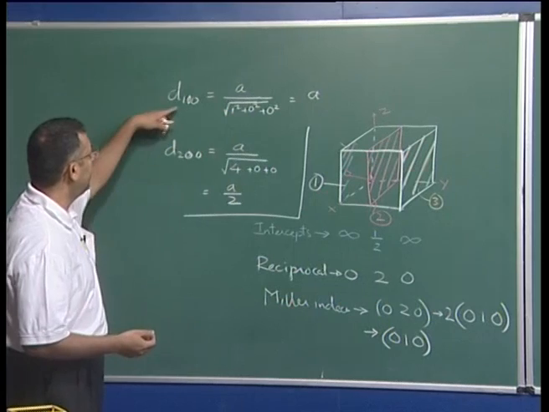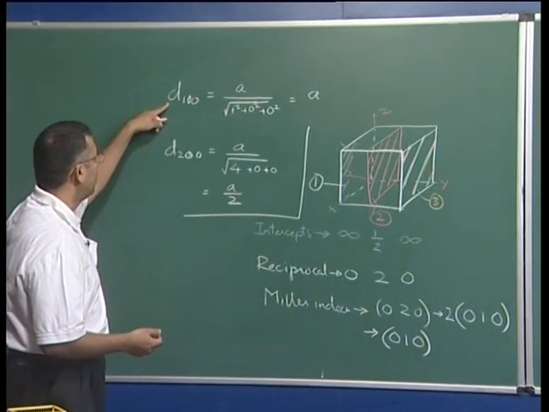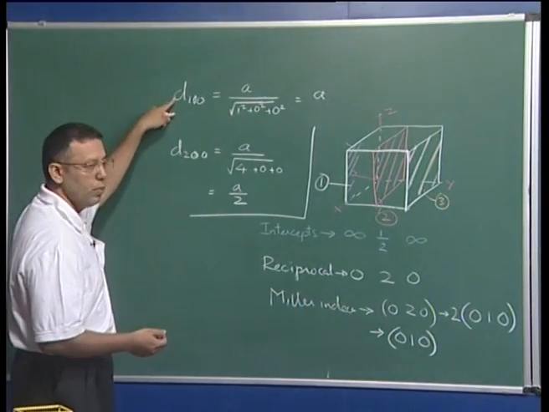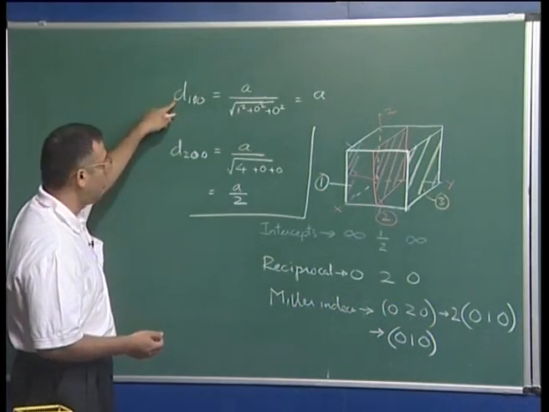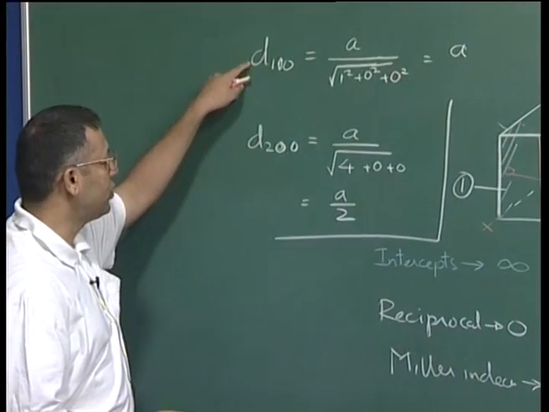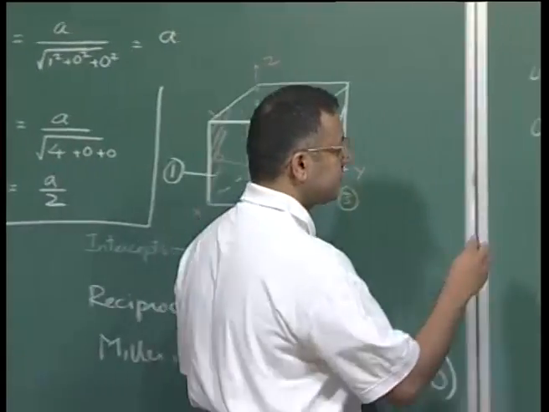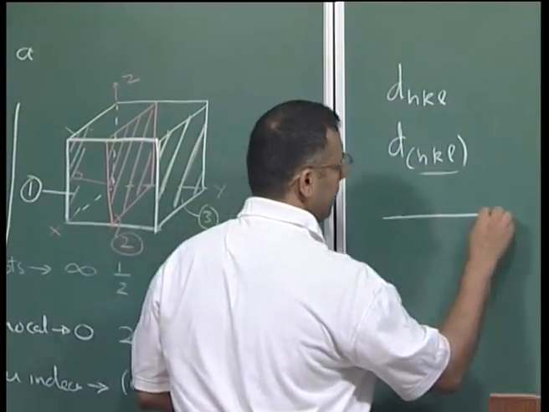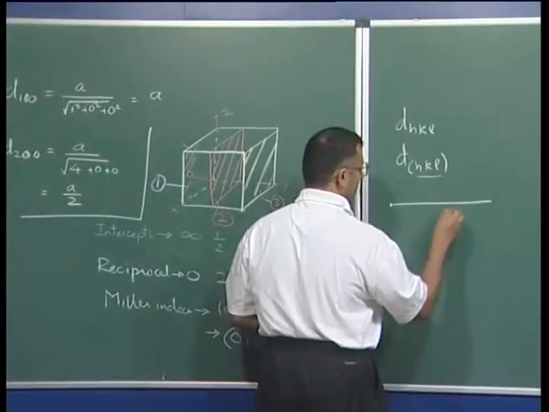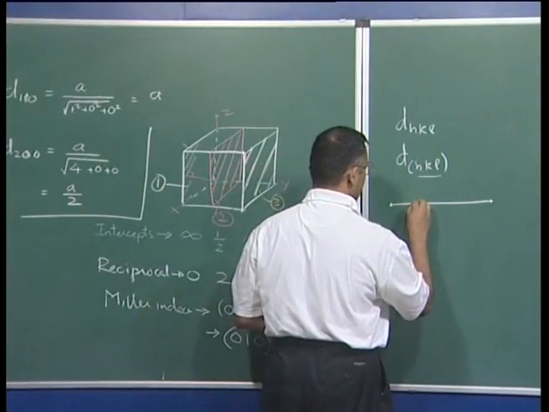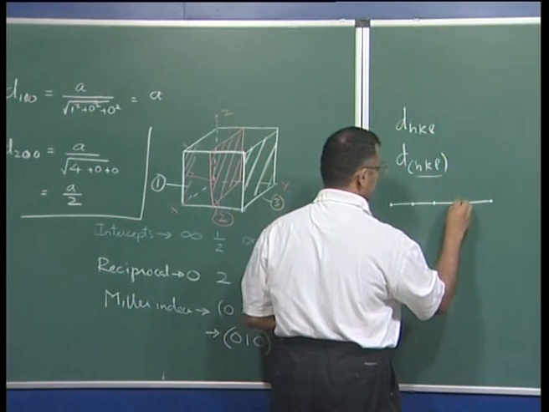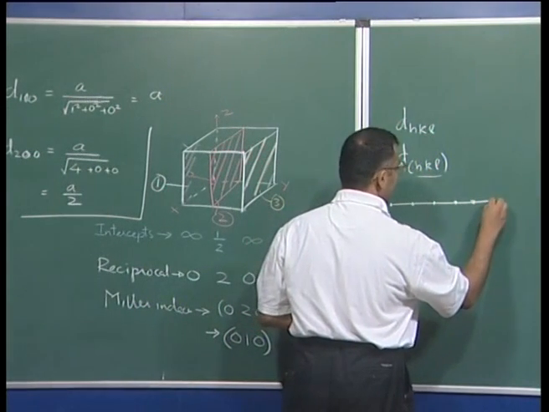Now, what do I mean that the interplanar spacing of the 200 plane is half that of the 100 plane, and what do I mean also that the 100 is a subset of the 200? I will explain here, and let me do it in one dimension for simplicity. So, these are my lattice points.